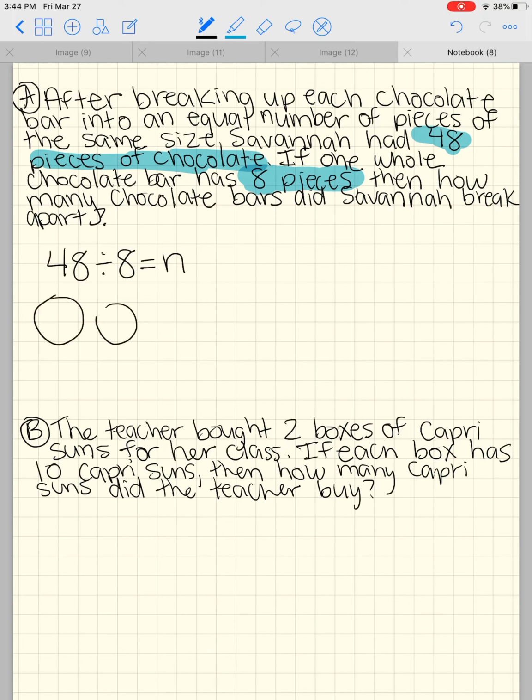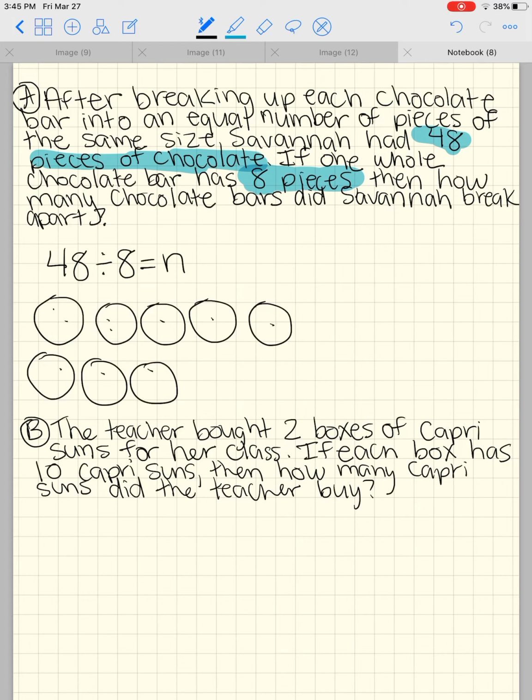So I'm going to have my 8 groups, 1, 2, 3, 4, 5, 6, 7, 8, and I'm going to divide out my 48 pieces. 1, 2, 3, and so on, up to 48.